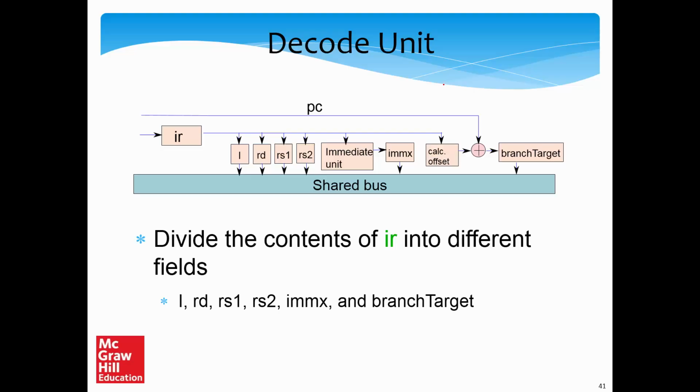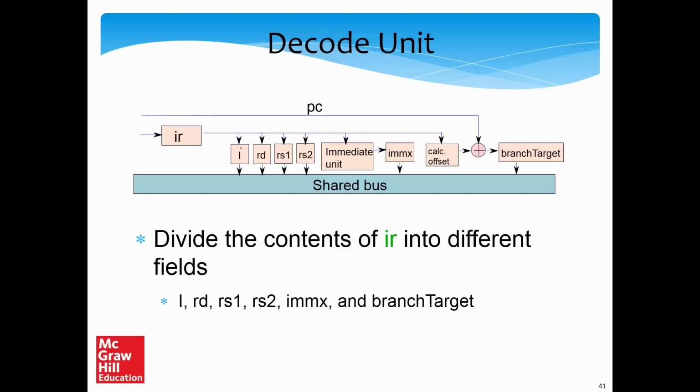Let's now take a look at the decode unit. So in the decode unit, the input pretty much comes from the IR register, and a little bit of circuitry, which is pretty much hidden, extracts all the fields from the IR register.